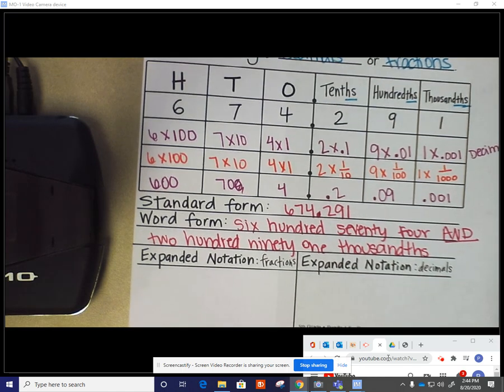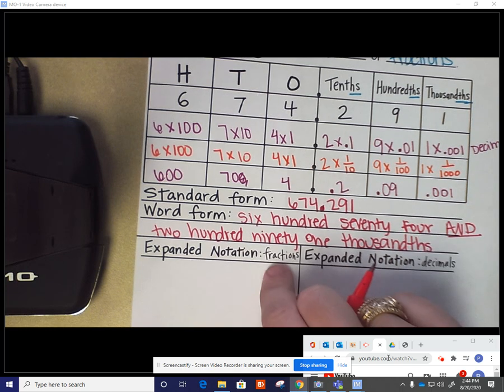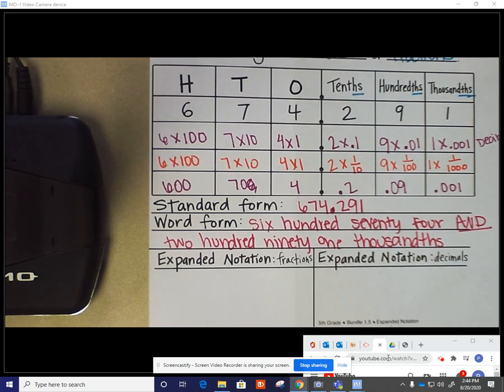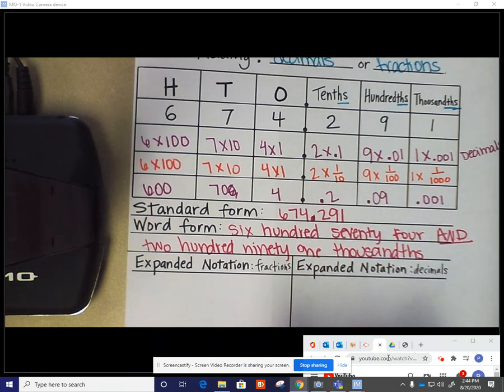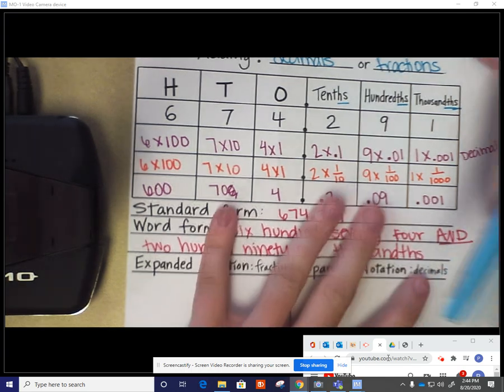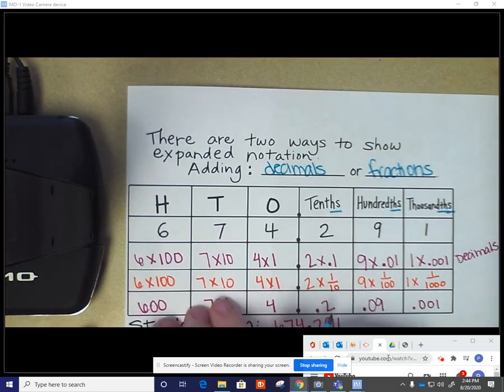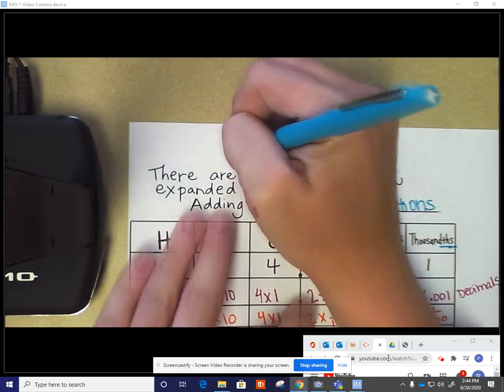Okay, so I took this number from standard form and wrote it into word form. Now I'm going to write it both other ways, but I have expanded form, or expanded notation as a fraction, and expanded notation as a decimal. So all I need to do is take our decimal form for decimals and our fraction form for fractions. So you remember that expanded form was like 600 plus 70.